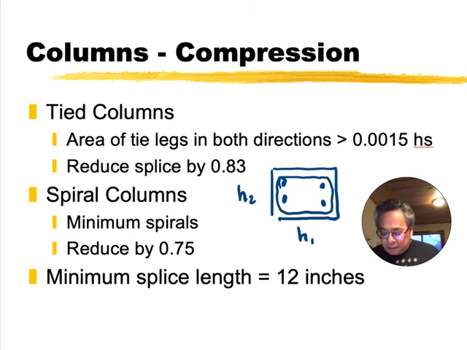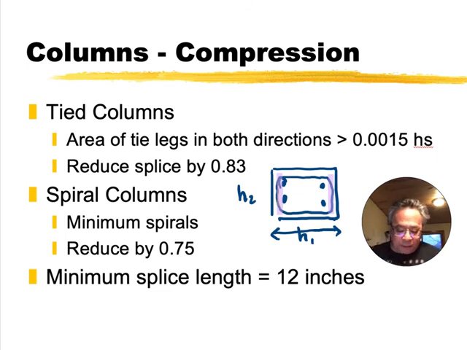So the area of those two bars has to be greater than 0.0015 times this H times the spacing of the ties.